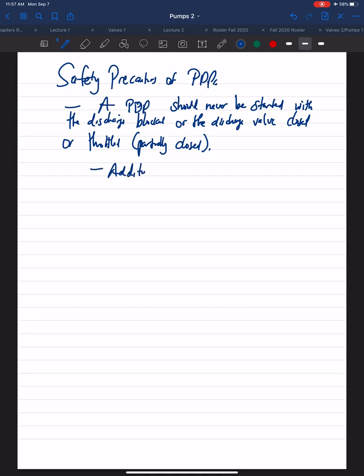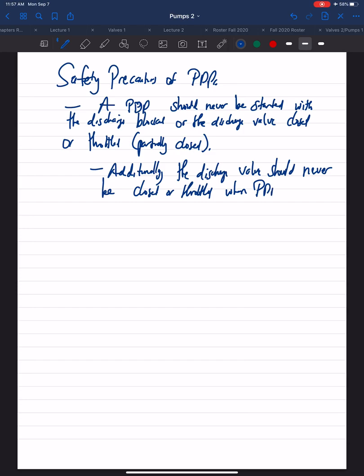Additionally, the discharge valve should never be closed or throttled when the positive displacement pump is running.